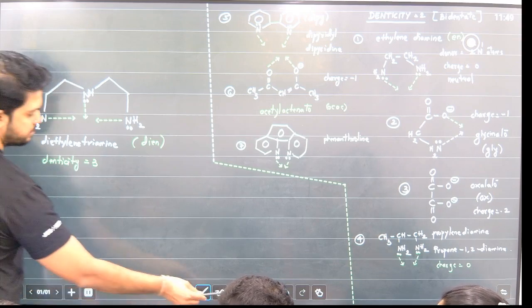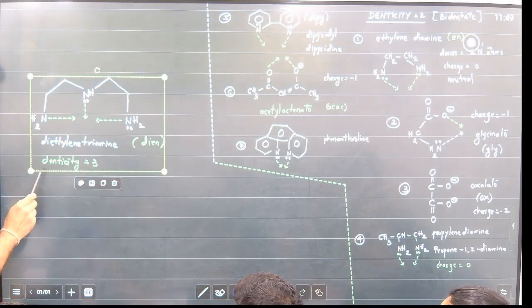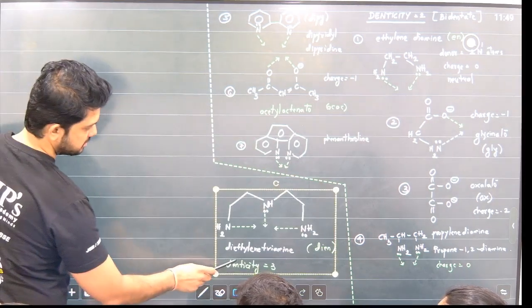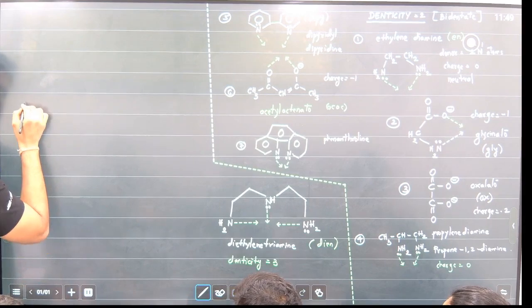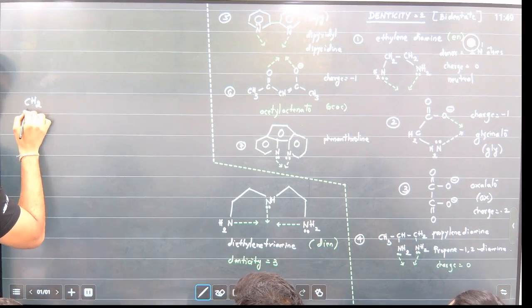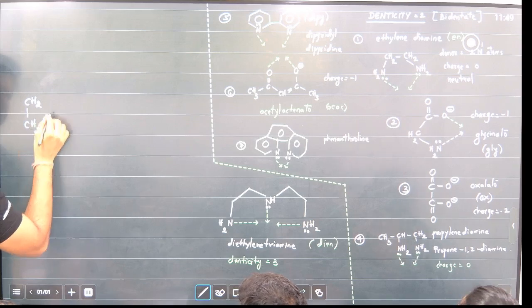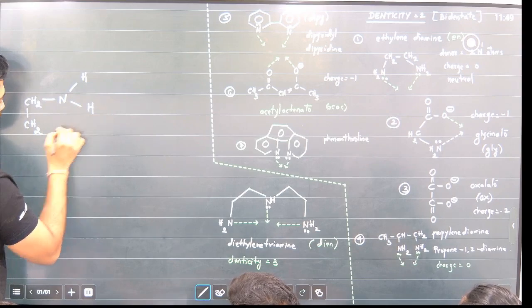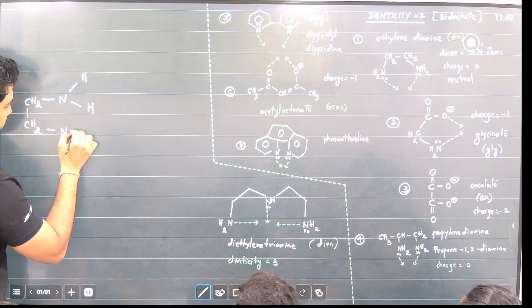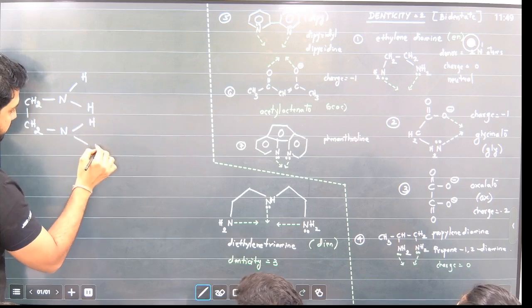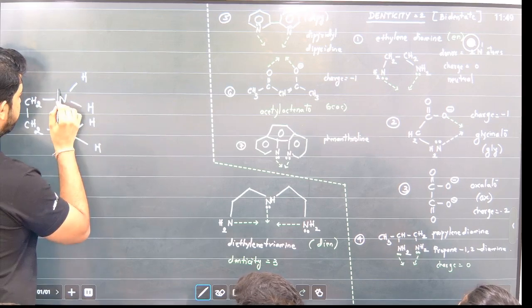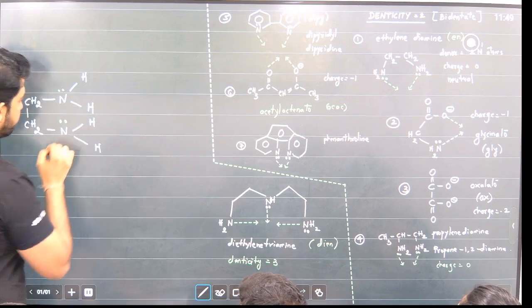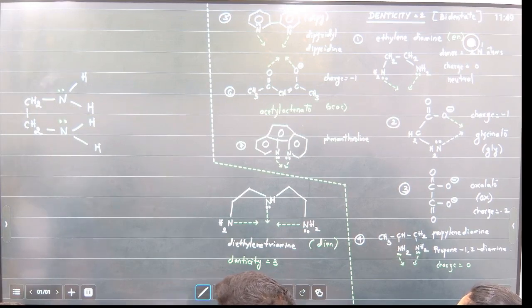However, a very specific ligand that we need to remember is this. Give me the nomenclature for this particular ligand, people. Which ligand is this? This is ethylene diamine. ठीक है?